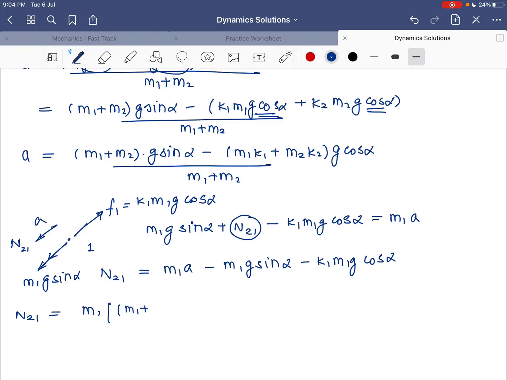So a is m1 plus m2 g sine alpha minus m1 k1 plus m2 k2 g cos alpha, whole divided by m1 plus m2.